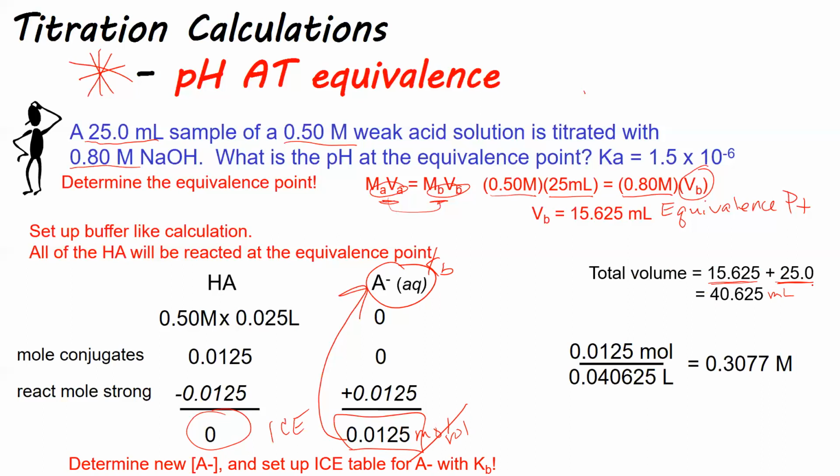All right, so if I take my moles and divide by the total volume, I get 0.3077. And my KB is going to be 1 times 10 to the negative 14 divided by the Ka, which is 1.5 times 10 to the negative 6. And I get 6.67 times 10 to the negative 9.